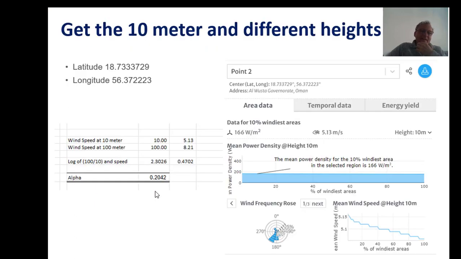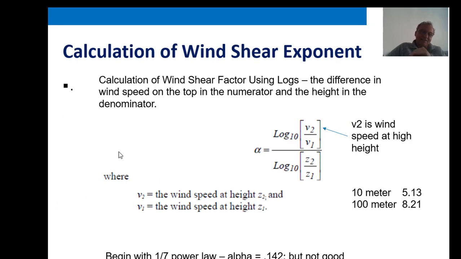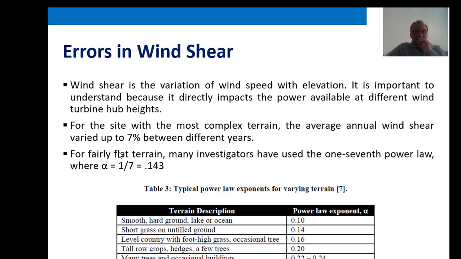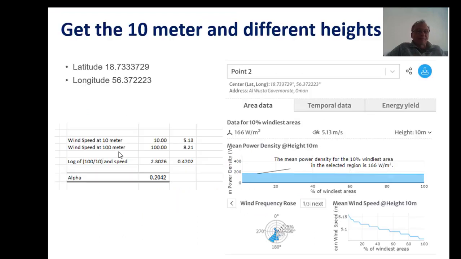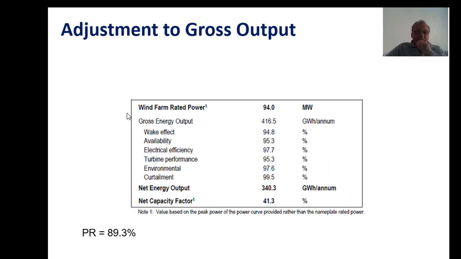Now, to give them a little credit, it does say data for the 10% windiest areas, so we have to recognize that a little bit. So what I did here is put the same latitude and longitude and see what the difference is now. To really test this, you'd have to take some actual studies.